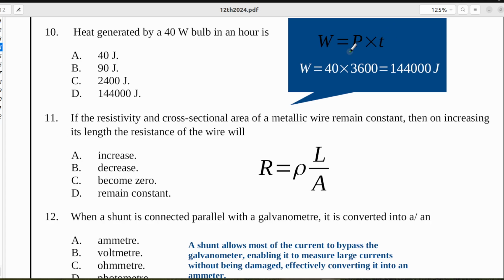As the value of power is given as 40 watt, time is 1 hour, which is equal to 3600 seconds. Just multiplying these two values, we get the answer is 1,44,000 joule.